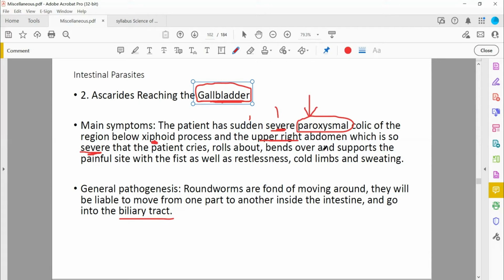And this one, we didn't see any pain radiating to the shoulder, right? No. Just to the xiphoid in the upper right abdomen, but not to the shoulder. So this could be a point for us to distinguish that it's parasites, not gallstones, not inflammation.